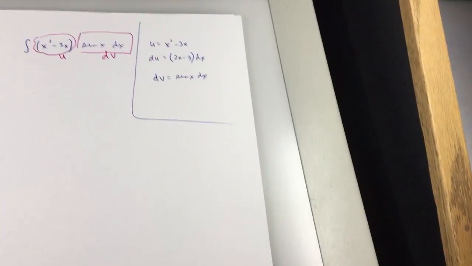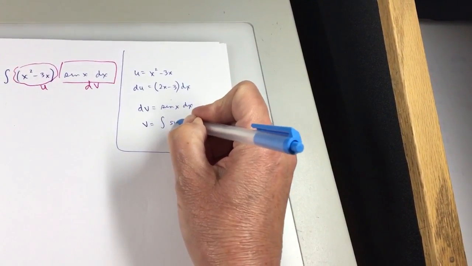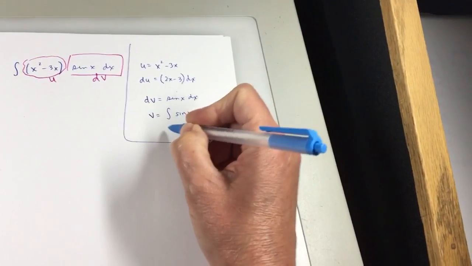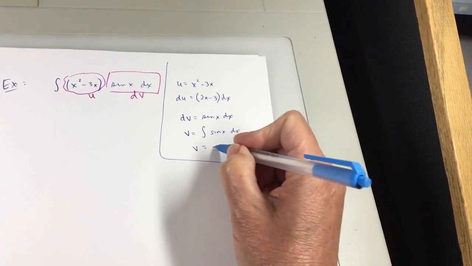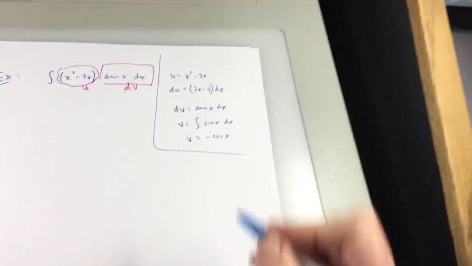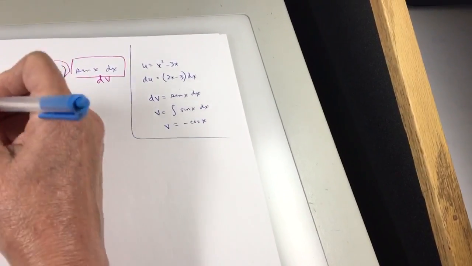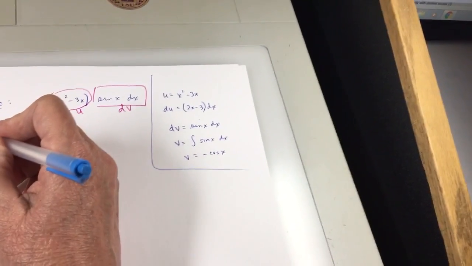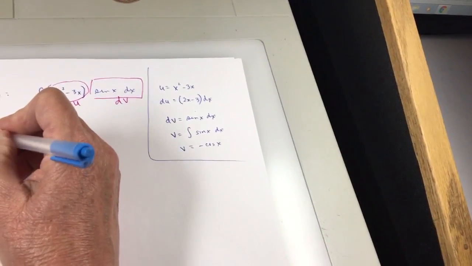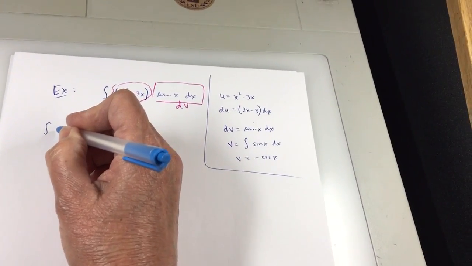So if dv is sine x dx, v is the integral of sine x dx, and v is going to be what? Negative cosine x. So this problem becomes, now let me also say I would recommend that you write this formula down every time you use this formula.